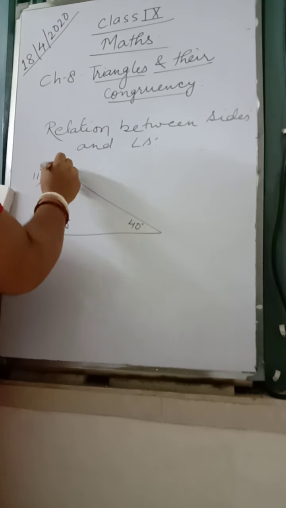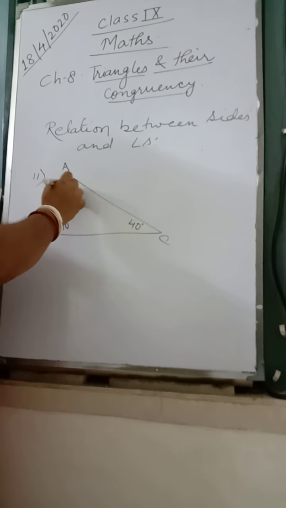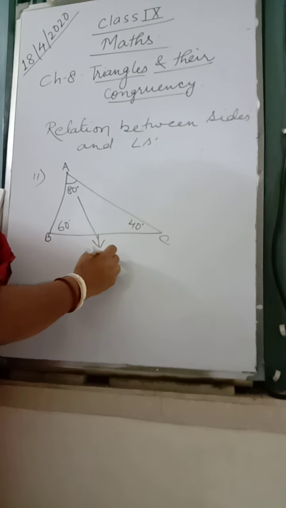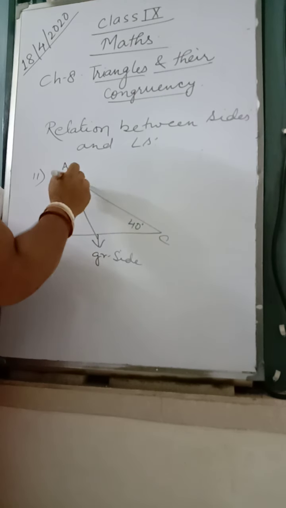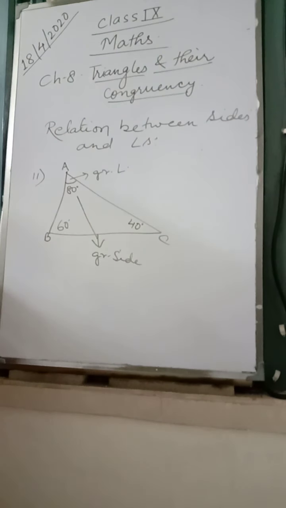Which angle is greatest? 80 degree is the greatest angle, so this side will be the greatest side. So this is vice versa, first relation and second relation.